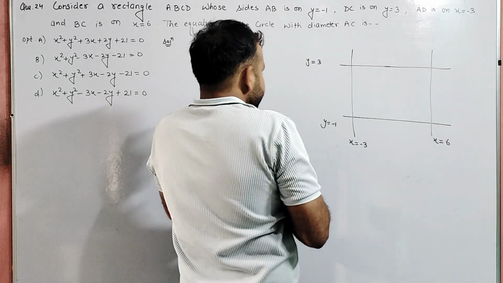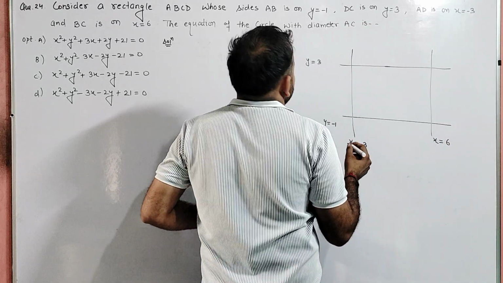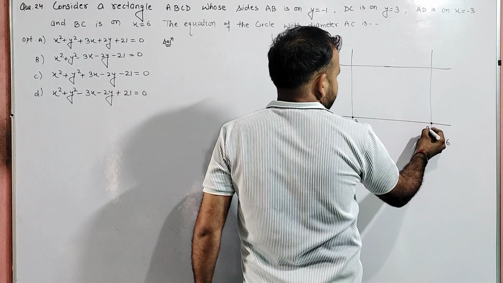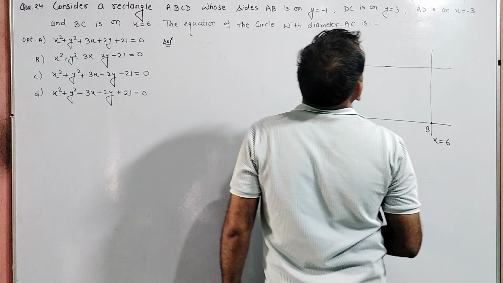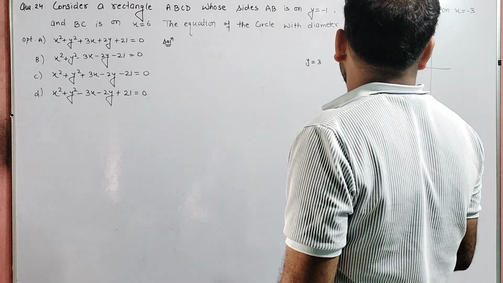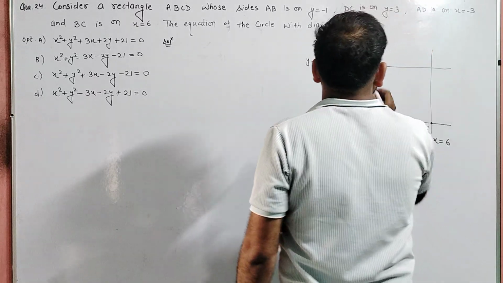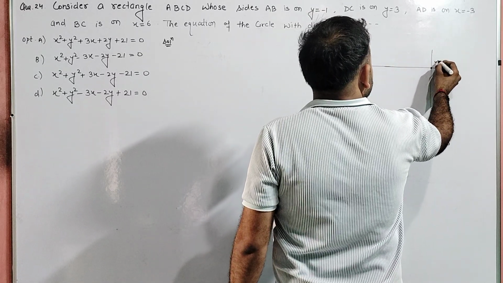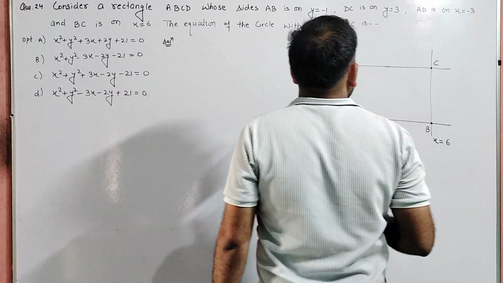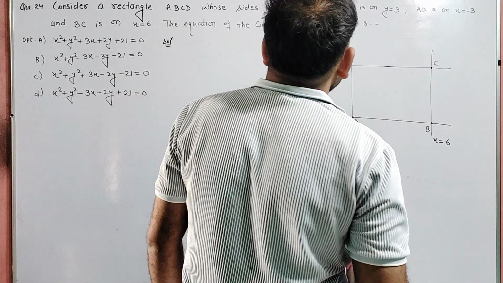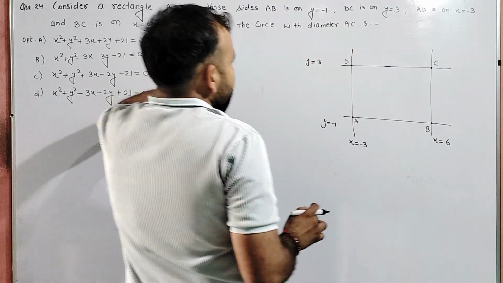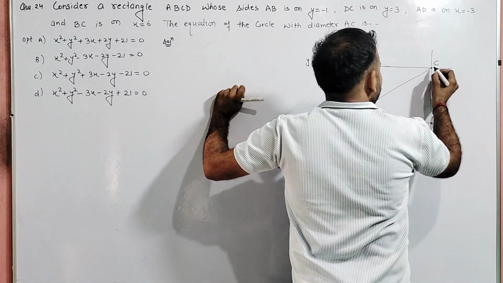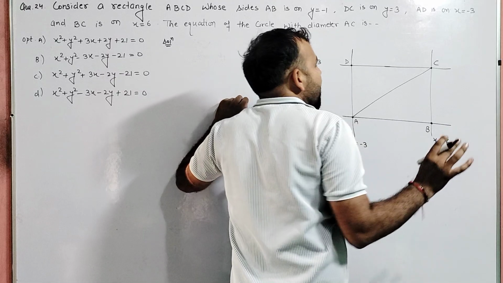Student, on y equal to -1 there are A and B, and you can see that D and C are present on y equal 3. Let us consider this as C. So student, you can see easily that by drawing AC as diameter, we need to draw a circle.